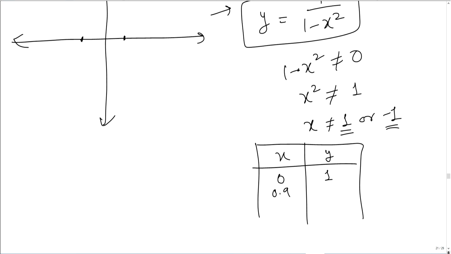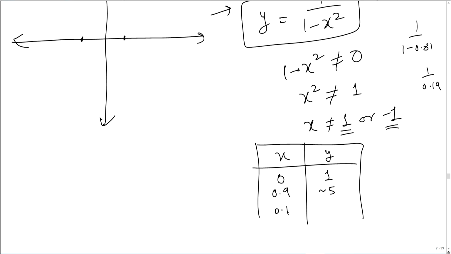When x is 0.9, the value of y would be 1 divided by 1 minus 0.81, that is 1 divided by 0.19, which is approximately 1 divided by 0.2. That would be 10 by 2, so approximately 5. Okay, so when x is close to 1, the value of y is approximately 5.